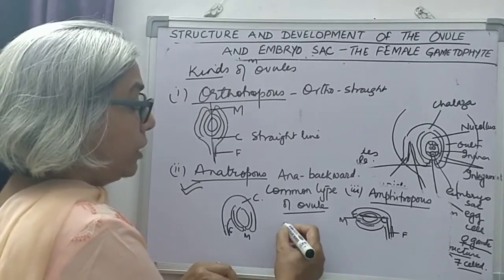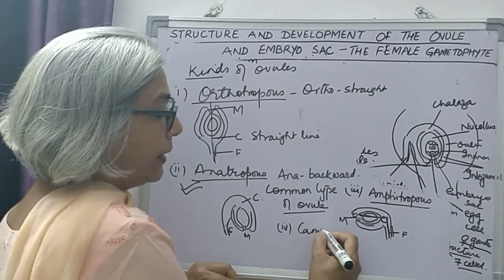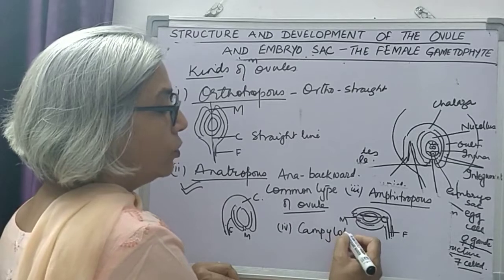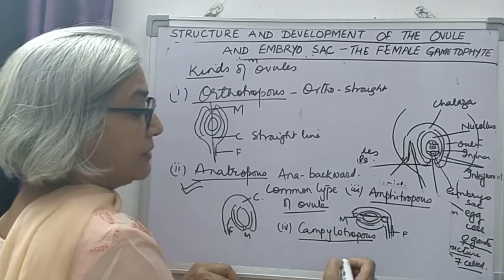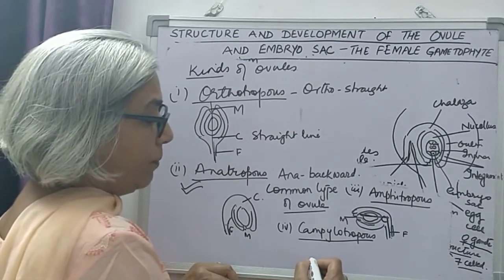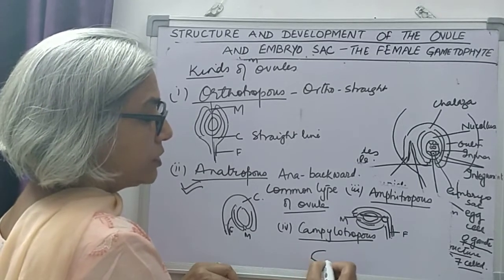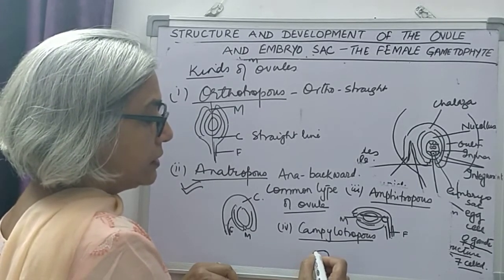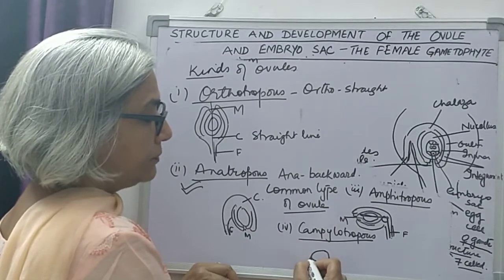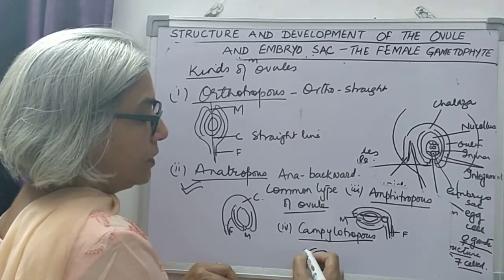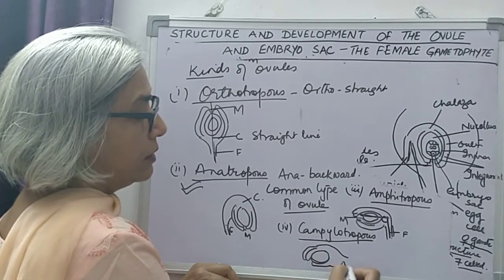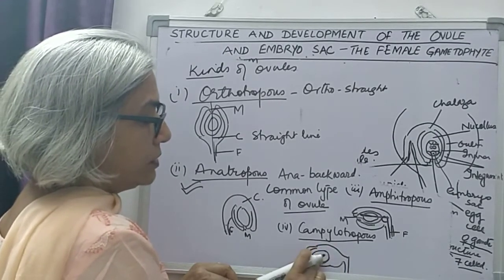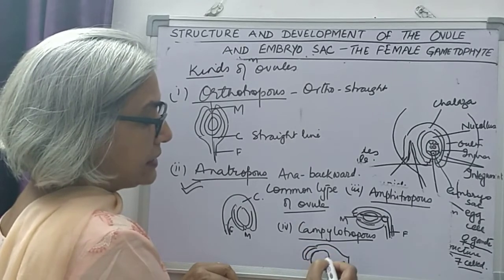The fourth kind is called the campylotropous ovule, where the ovule is twisted. Suppose this is the nucellus, this is the micropyle, and it is slightly twisted like this.